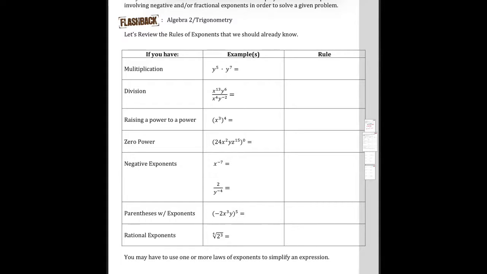Okay, so the first rule, if you have multiplication, so in multiplication when the bases are same, what do you do? You add the exponents, so it'll be y to the 12th, right? So the rule is add exponents, right? So the second one, in division, what do you do?